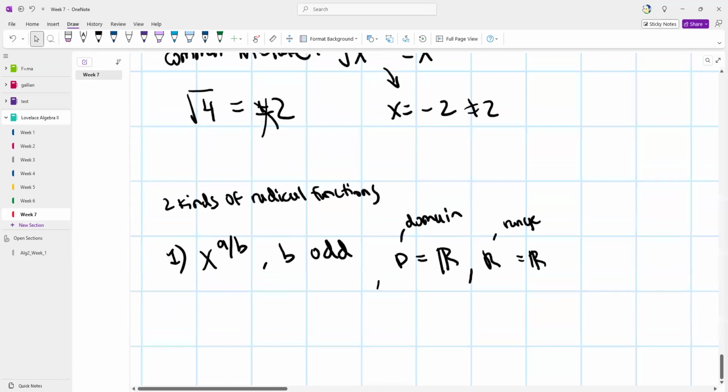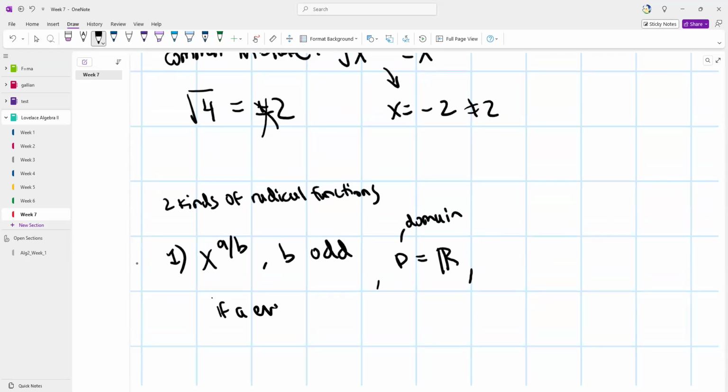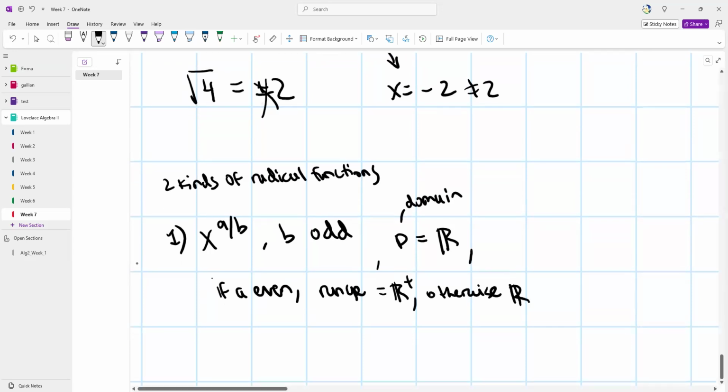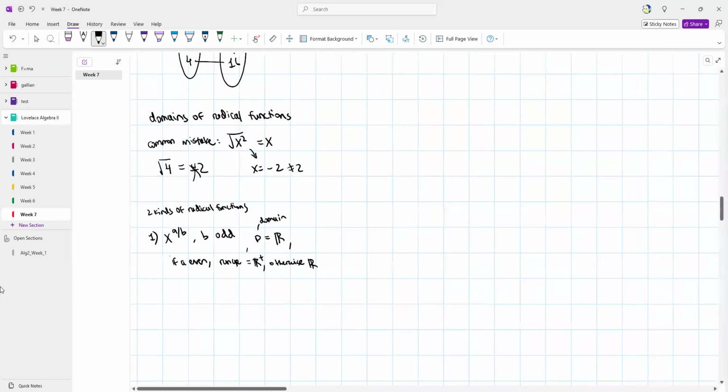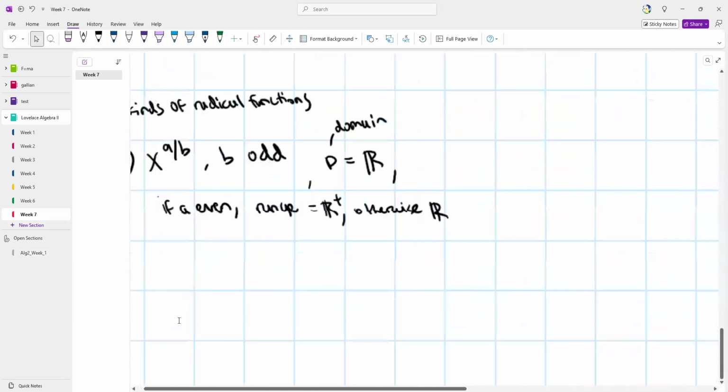Otherwise, it's a positive real, otherwise, it's any real number. So yeah, this is the first case.